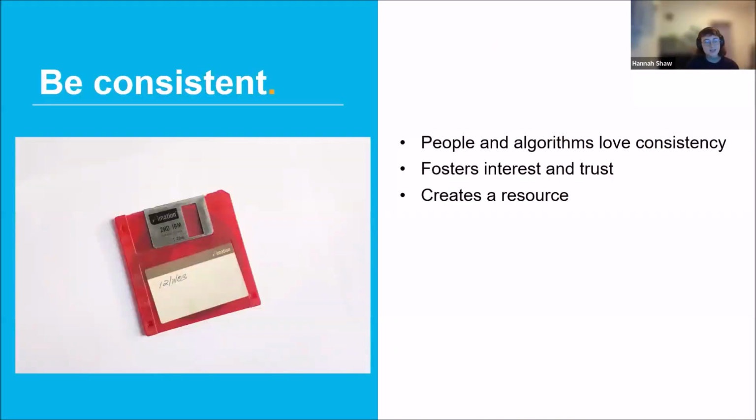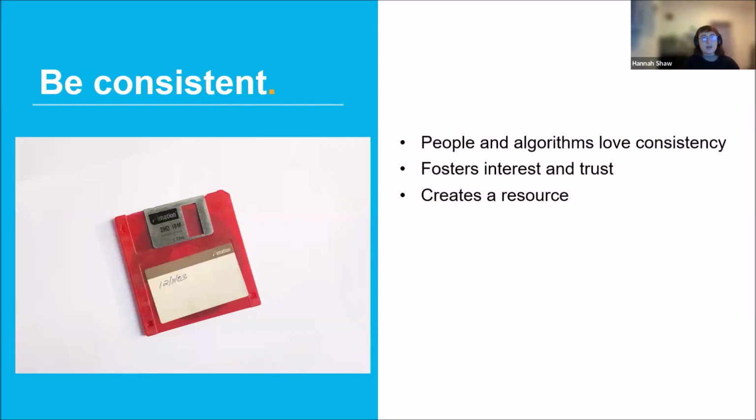Be consistent. So people and algorithms love consistency. This is my number one tip. As a social media specialist, I get questions from my family and friends like, how can I make my social better? And it's consistency. I think consistency and quality over quantity anytime.